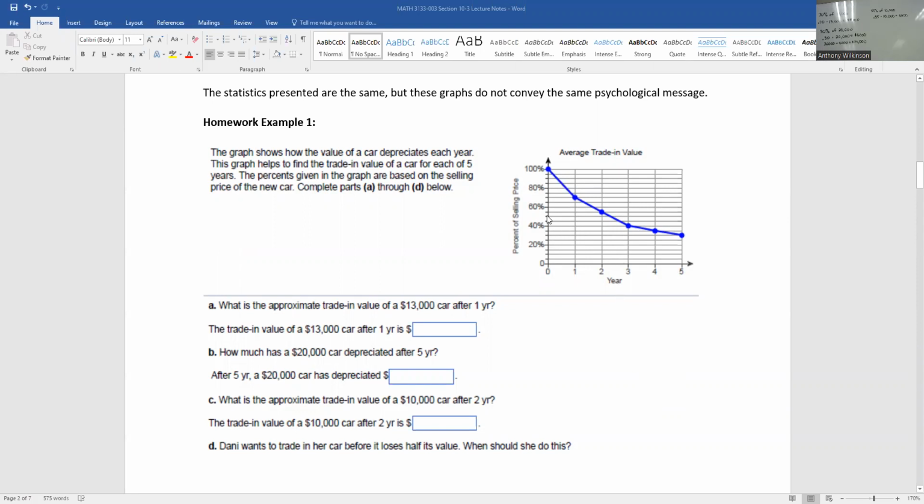Well, because 50% is right here between 40 and 60, somewhere between the second and the third year she needs to consider trading in that vehicle. Questions on example 1.